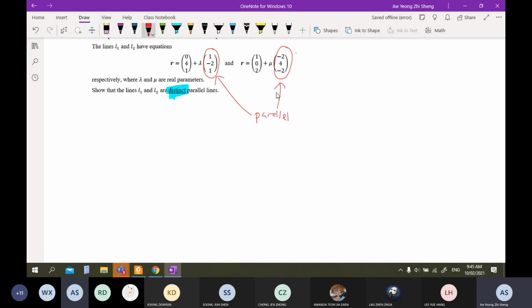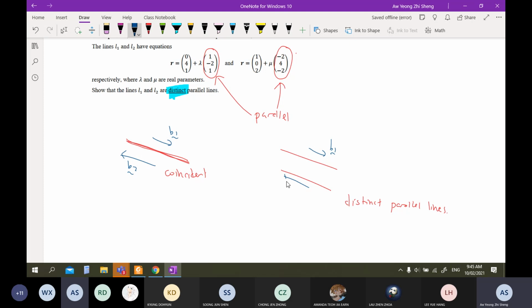After you show that direction vectors are parallel, there are two possibilities. You can have the two lines coincident, or you can have two distinct parallel lines. Because in both of these diagrams, I can have my B1 pointing this way, B2 pointing the other way.